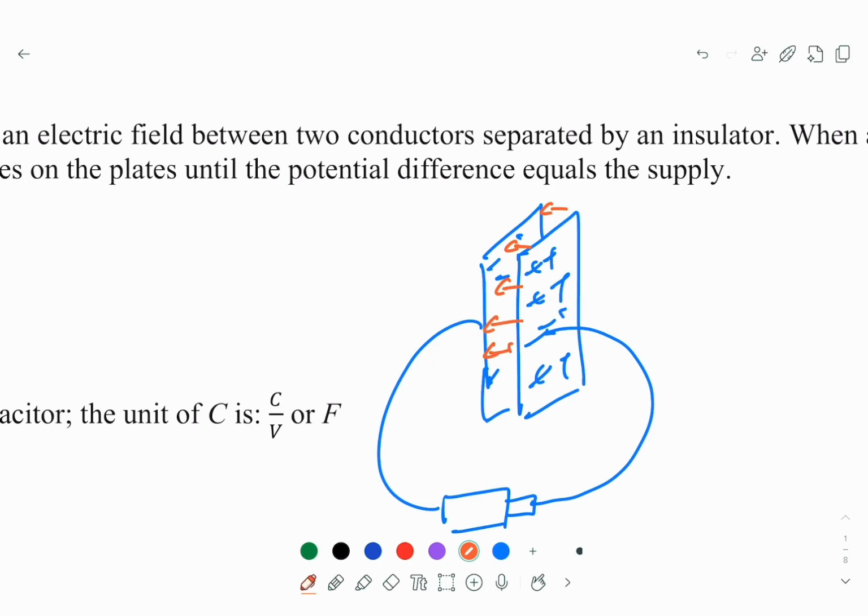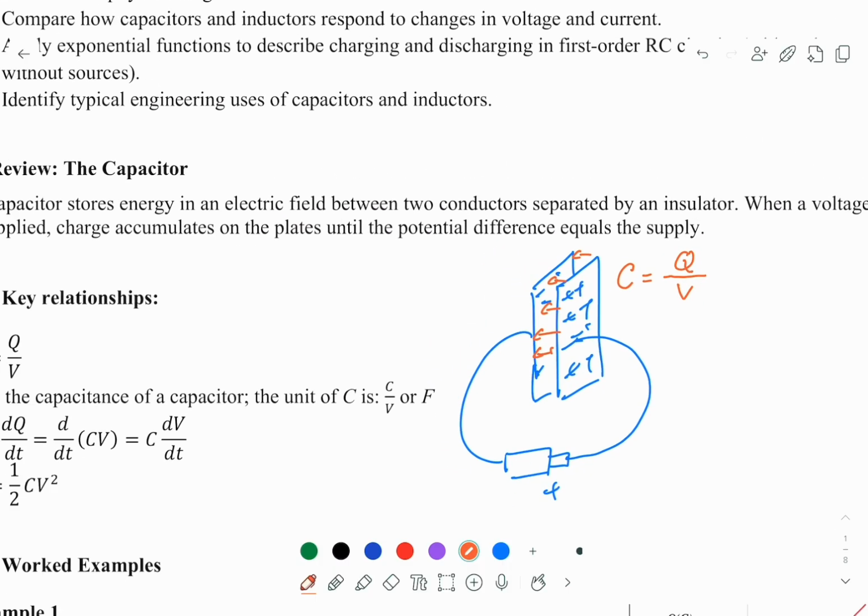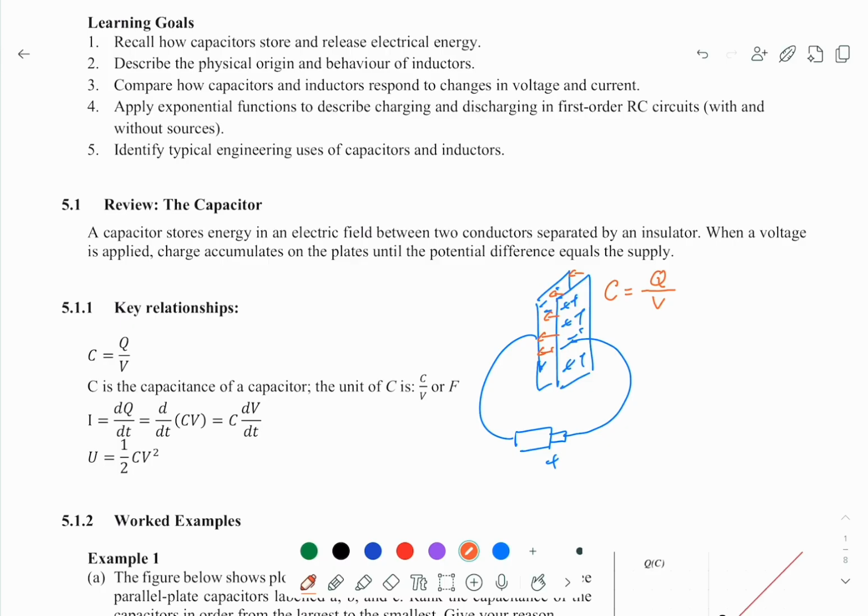The charge it holds per each voltage is what we define as capacitance. And the unit of capacitance therefore is coulomb per volt, or we call it Farad.